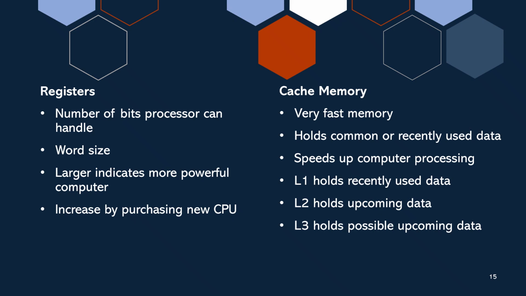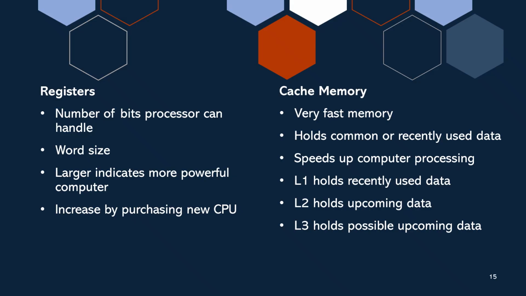We have two types of memories, inside the CPU and inside the motherboard. Registers: the number of bits the processor can handle. Word size or word length: larger indicates a more powerful computer, like 32-bit or 64-bit. A 64-bit computer is more powerful and can handle very large data at a time.